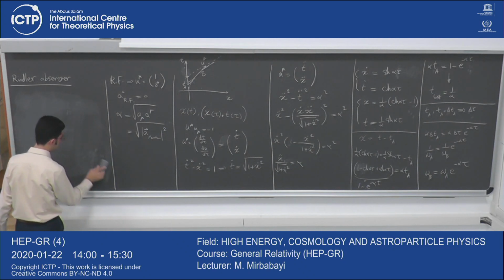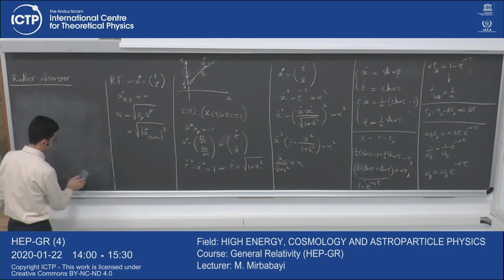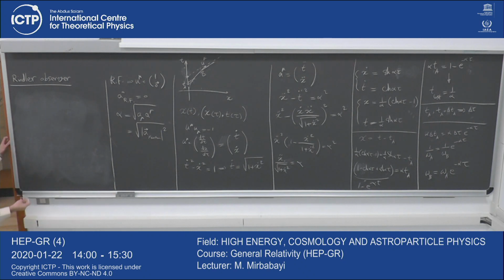So when I talk about a photon, what I have in mind is a particle with a 4 momentum, or 2 momentum in this case, which is null. And since it is null and we are in 2 dimensions, it should be of this form if it is right moving.